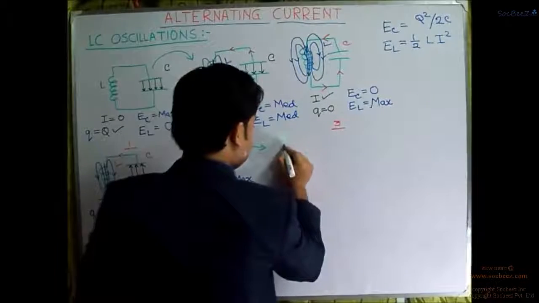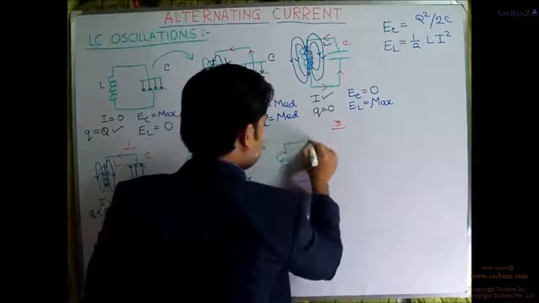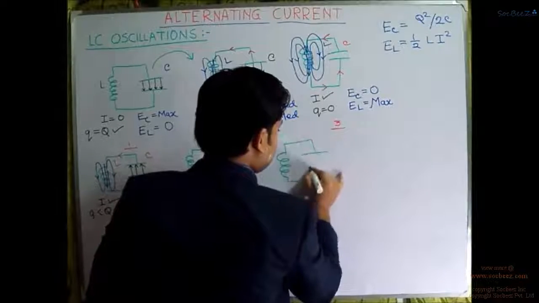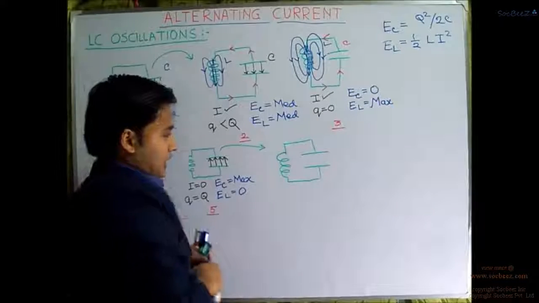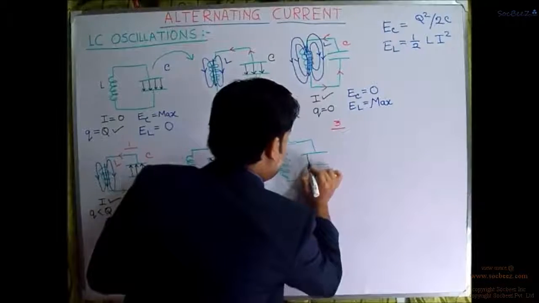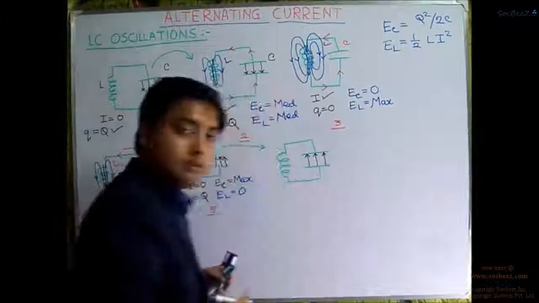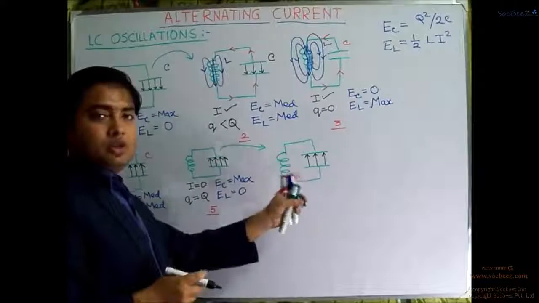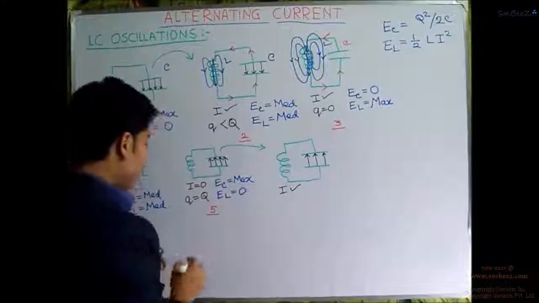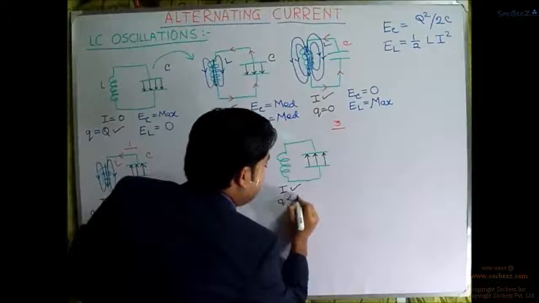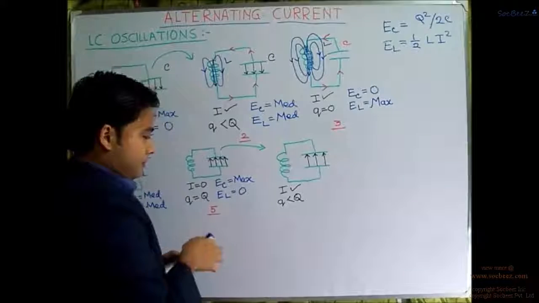But the only difference is that, as we have seen in electrostatics, this is reduced, right? So obviously there will be an I present, and obviously the Q now will again be lesser than this capital Q which is present over here.